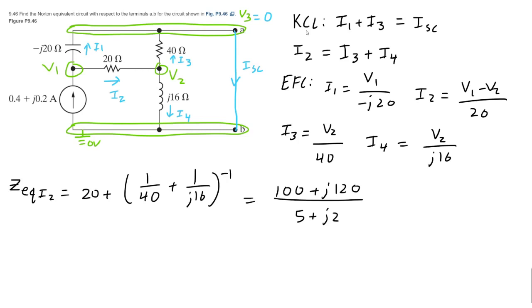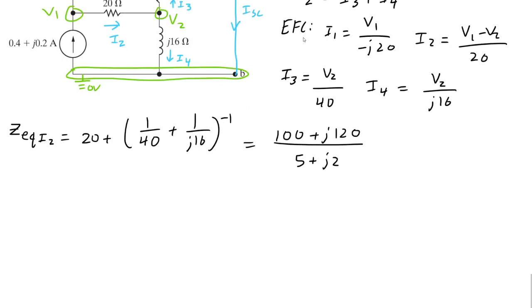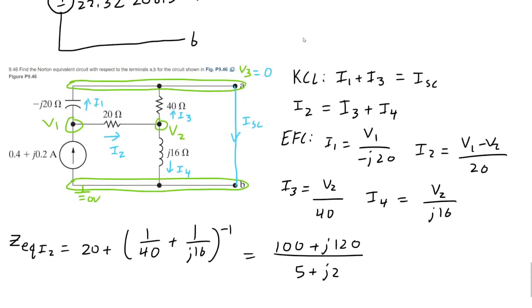Now, to plug that in, we'll do the source current here. I forgot one more KCL. So there's the source current we're given as 0.14 plus j2, equals I1 plus I2.